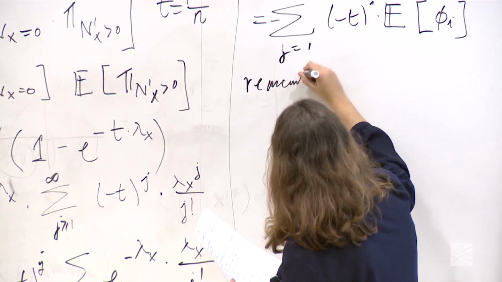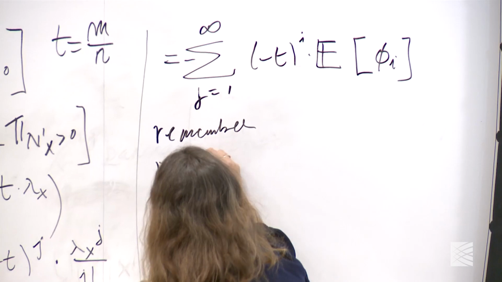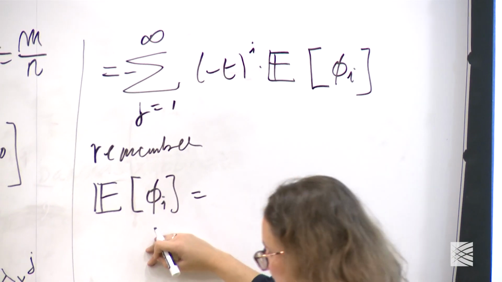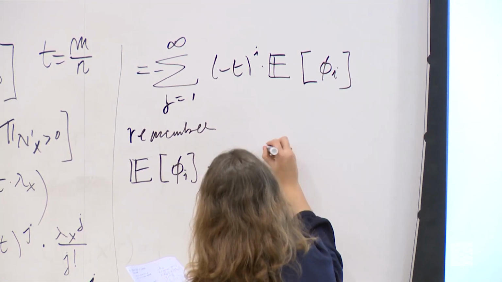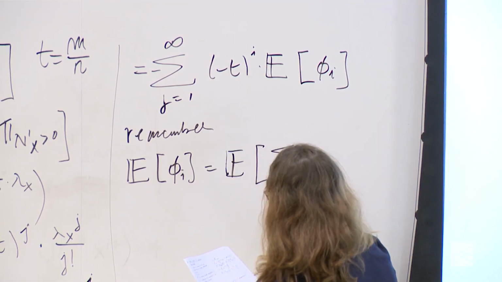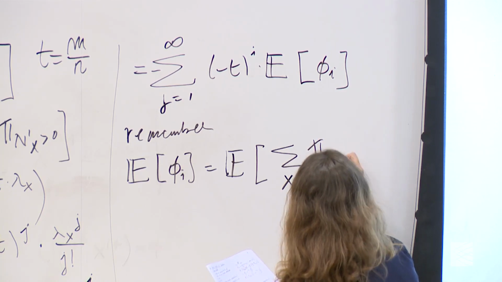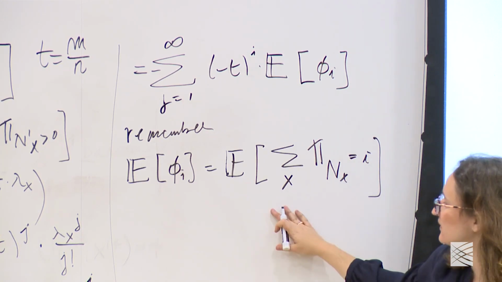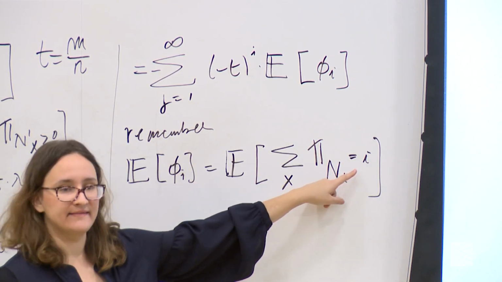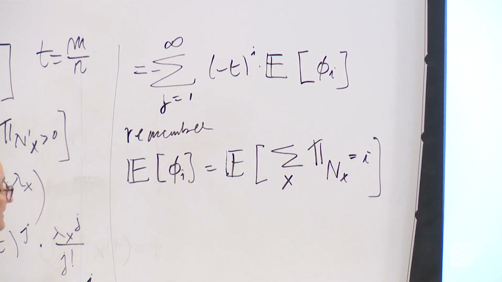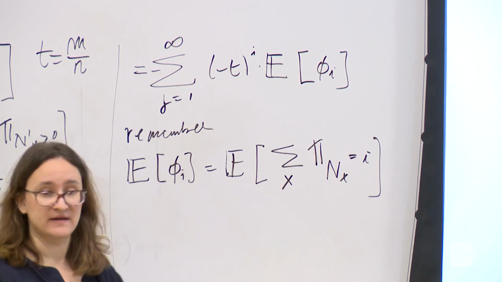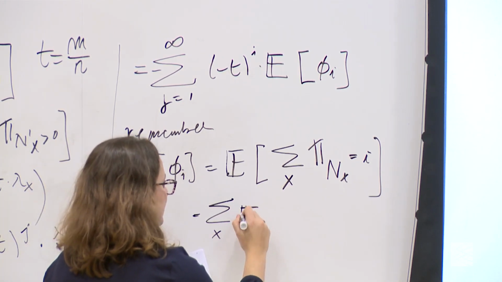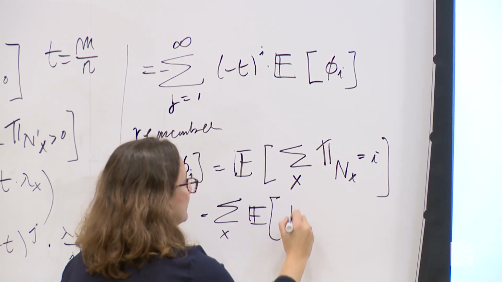Remember that the expectation of the prevalence is that you go over your alphabet x, and this is the indicator that the count of x is equal to j. So basically this expectation is the expected number of terms that occur j times. Because each count is a Poisson random variable as per assumption, this holds by additivity, of course.